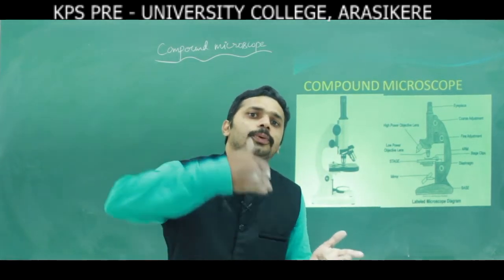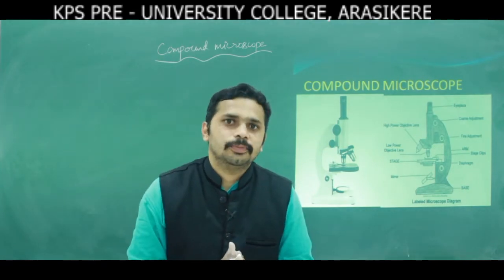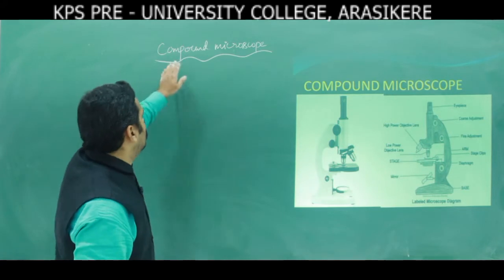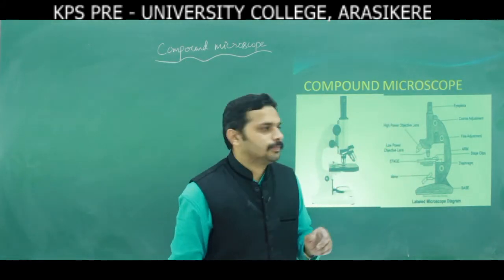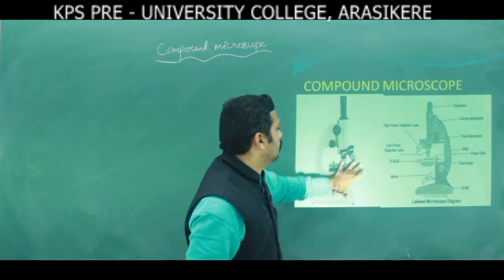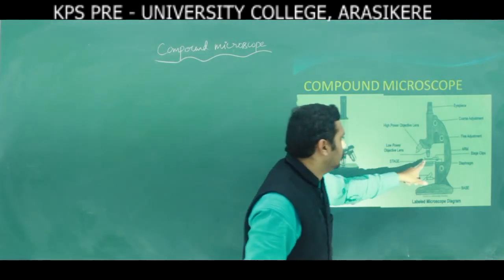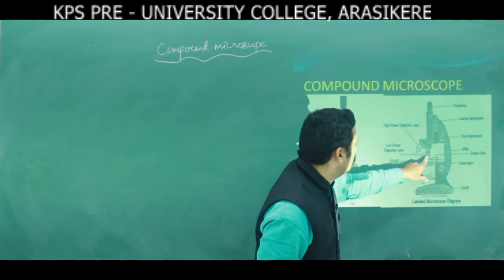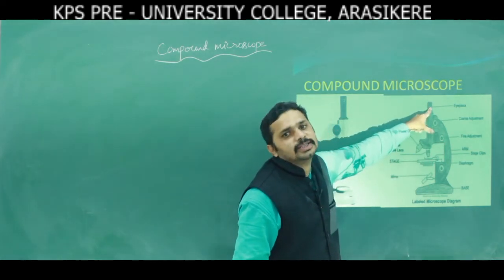That's why, to improve the quality of the image and to increase the magnification, we use the compound microscope. The compound microscope consists of two lenses. Look at here, this is the modern compound microscope we all use in the biology laboratory. One is the objective lens and the other is the eyepiece lens.